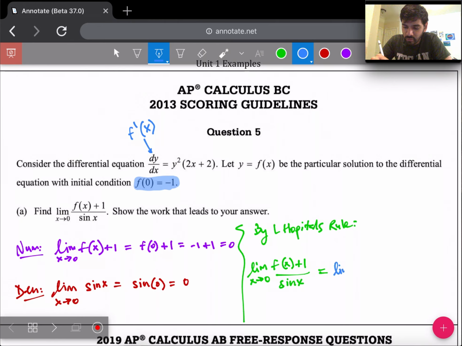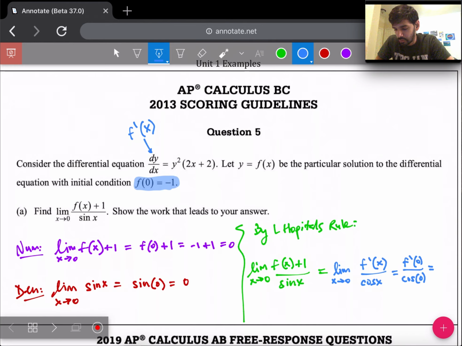So I know by L'Hopital's rule now that the limit as x approaches 0 of, now I take the first derivative of the numerator, which is f prime of x. The derivative of plus 1 is just 0. The derivative of sine is going to be cosine. And so this will be equal to f prime of 0 over cosine of 0, because I know these two things are defined. And all I need to do is evaluate each of these.